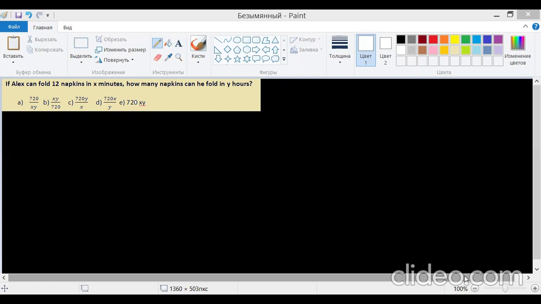So the catch about this problem is that in the first half of the problem we've got minutes, whereas in the other one we've got hours, and this is the trap of this problem. Be careful about that. So let's write down first of all the speed of Alex making napkins.